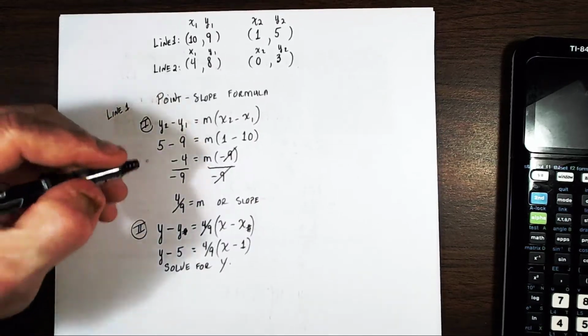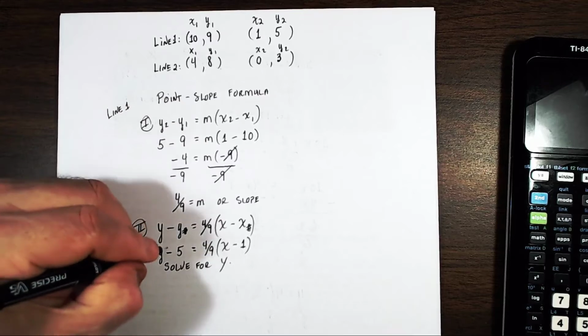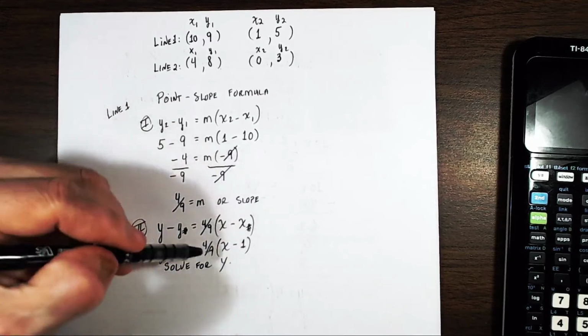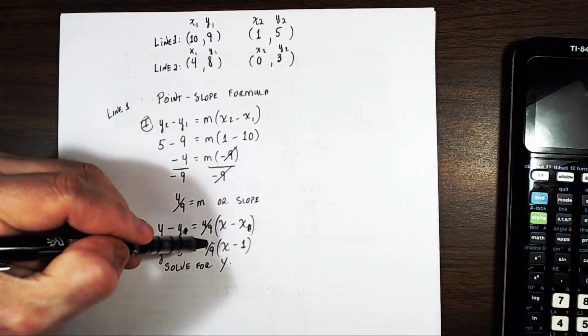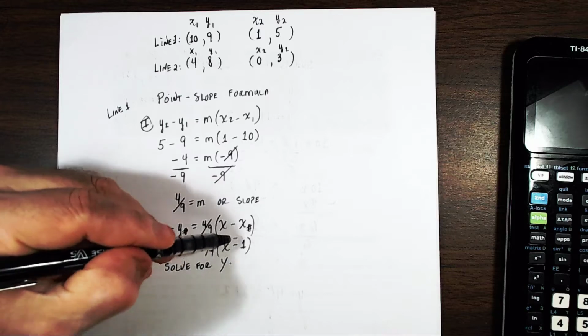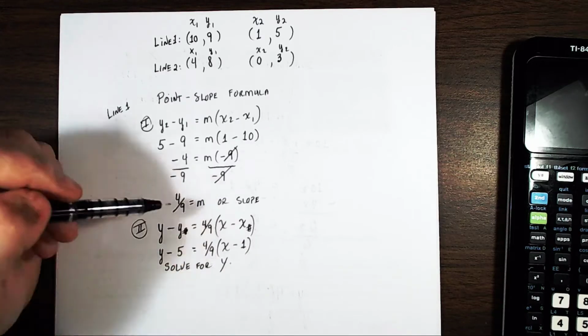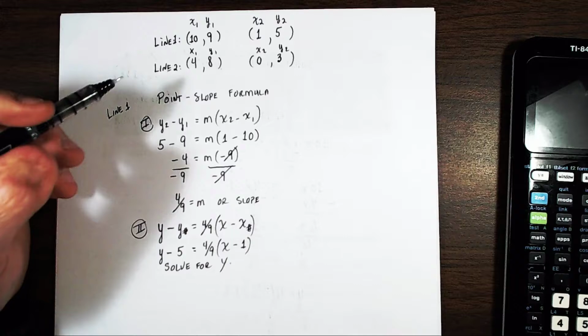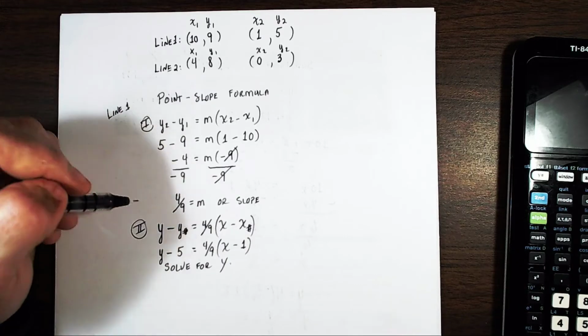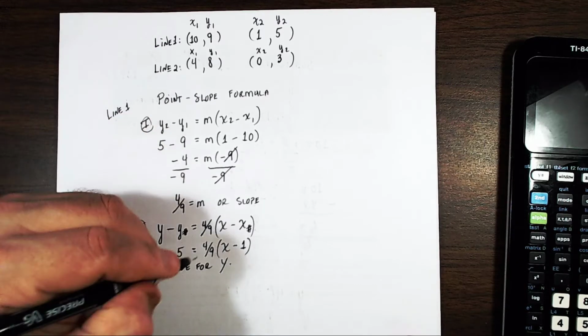Okay, so how are we going to do that? Well, we have to get y by itself, but before we can do anything, we have to distribute 4/9 through this parentheses so we can get rid of the parentheses. Remember PEMDAS. First is parentheses. So we'll write y minus 5.